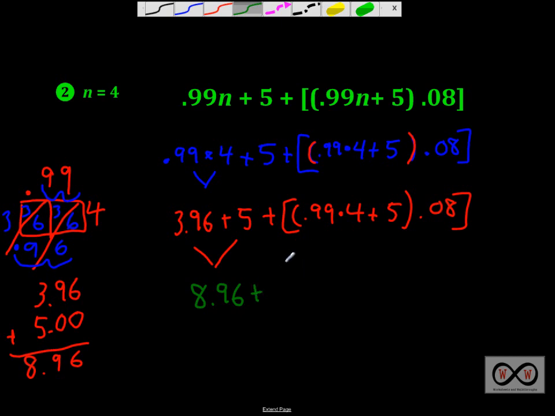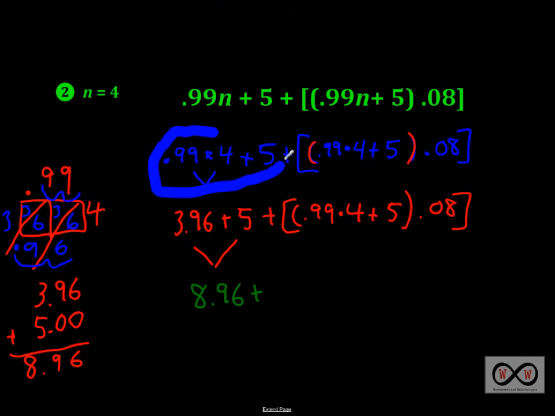plus, well, look at that. We've already done the work for this portion. If you look, just like in the previous example, we had 99 cents times 4 plus 5, and it's also in here, 99 cents times 4 plus 5. So, fortunately, we've shown our work over here, and it's always good to do that. Kind of proves you know what you're doing.